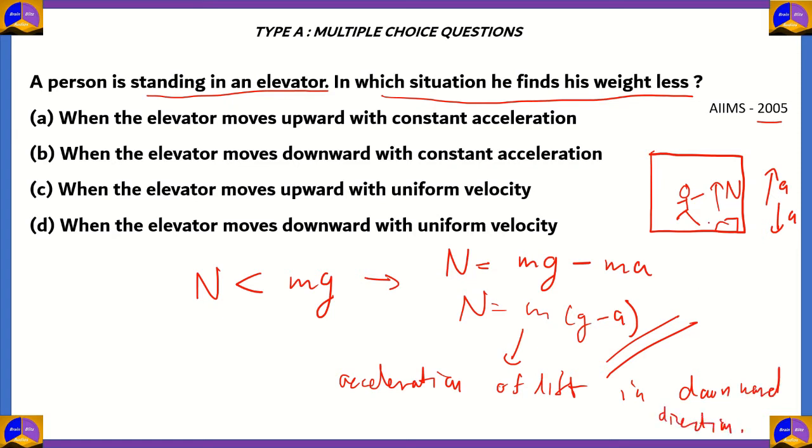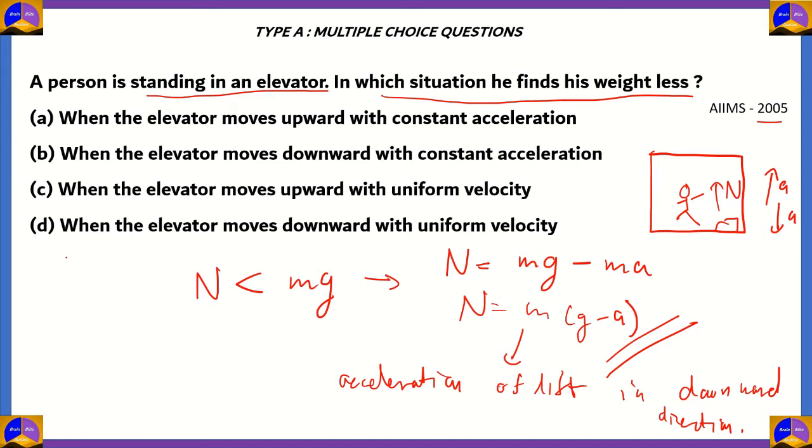So why downward? Because the normal reaction, which is numerically equal to mg, is acting in the upward direction. So therefore, if the acceleration goes down, then the normal reaction becomes less. So that is why m times g minus a is the value of normal reaction in the case where you have downward direction of acceleration.